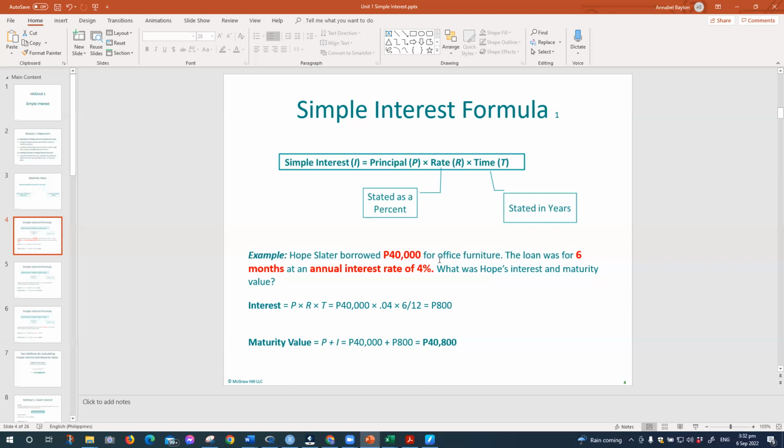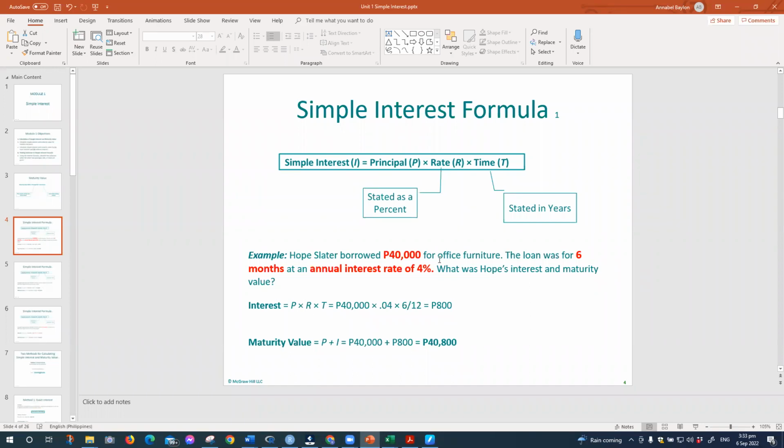And that's very important kasi i-multiply siya sa time. So given the annual rate, dapat yung time din natin, annual din. Hindi pwedeng annual rate yung ginagamit natin, tapos yung time natin weekly. Hindi pa pwede yun. So mali yung magiging sagot natin dyan.